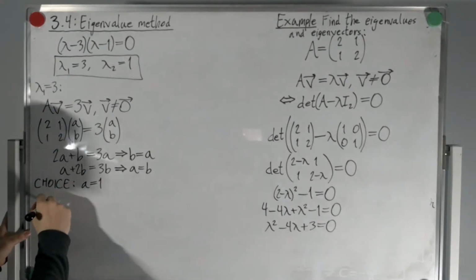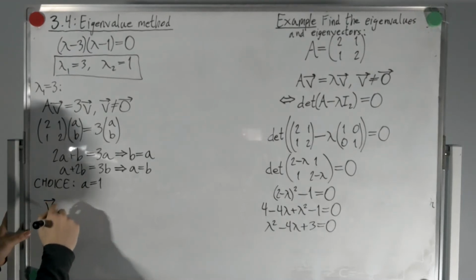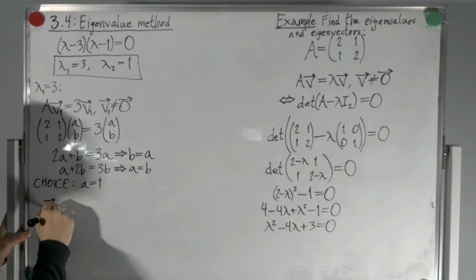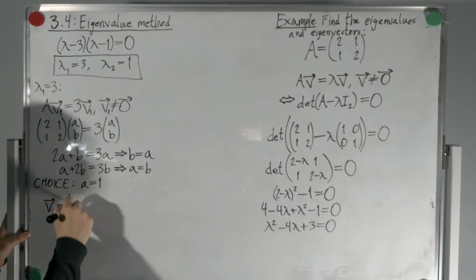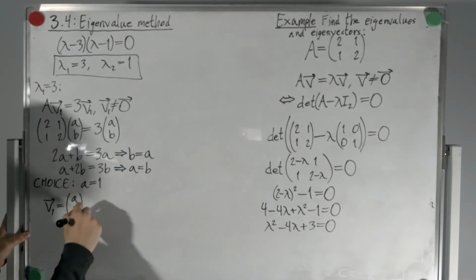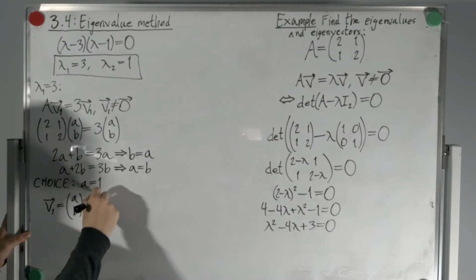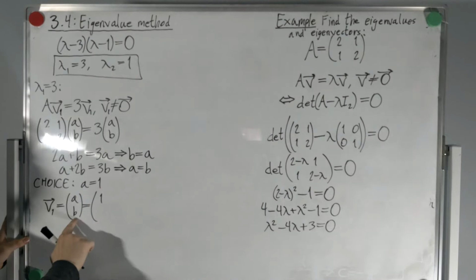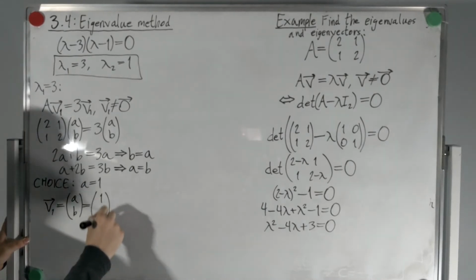All right, in that case, v vector, let's call this v1 because we're also going to have a v2. That would be A, B. That would be 1, and then according to this equation right here, B is equal to A, so B is also 1.